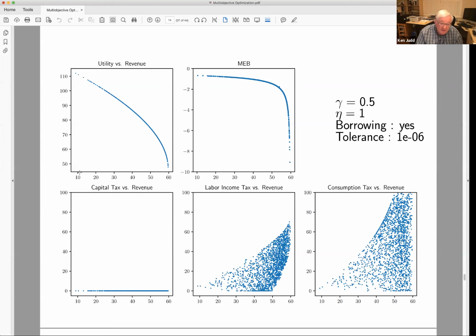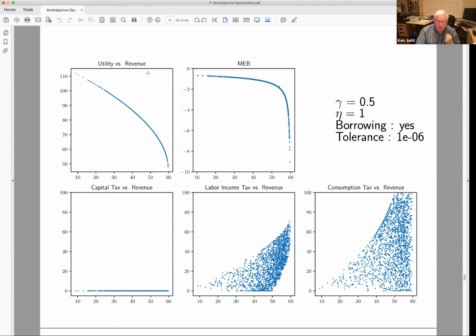And here, the trade-off between utility and revenue does happen to be concave. And I'm sure we'll find uglier ones. Now, what's the marginal excess burden? Marginal excess burden tells you what is the utility cost of having an extra $1 of revenue.